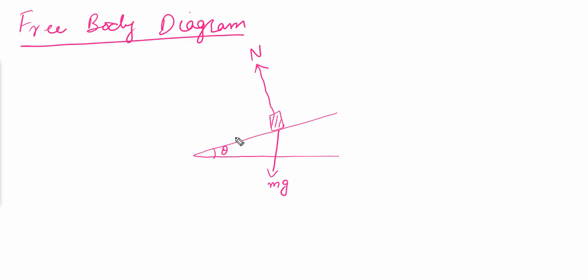Now because the object tends to move downwards, this force will be equal to mg sine theta, and the force that is holding it is the force of friction. So in this direction we will have the force of friction. I'll represent it with F subscript small f.